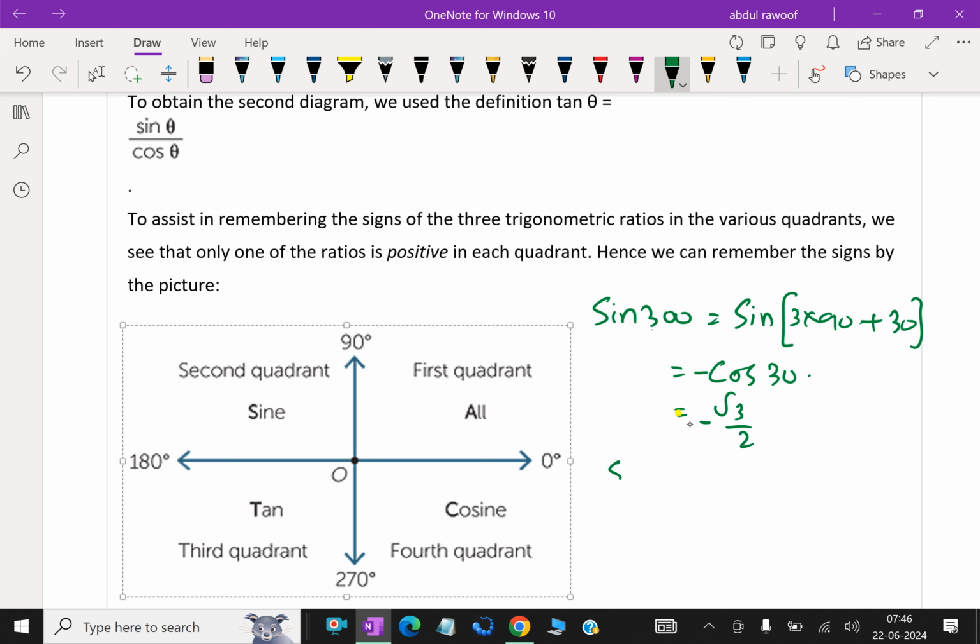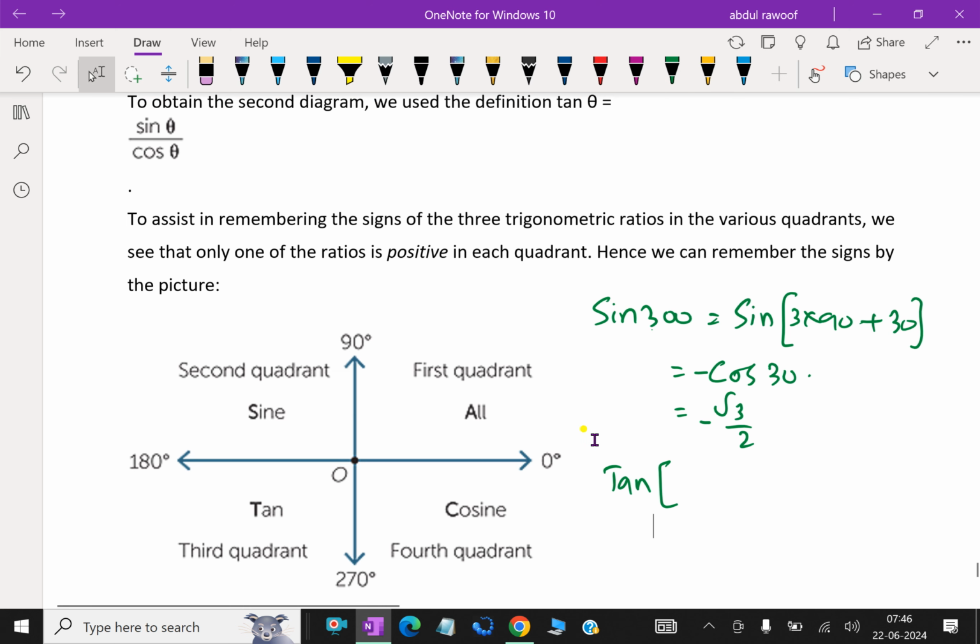Suppose tan of 420, which can be written as tan of 5 into 90 minus 30.